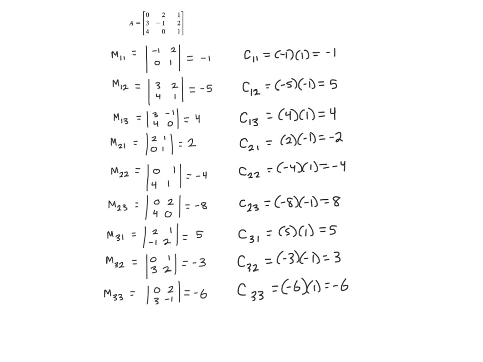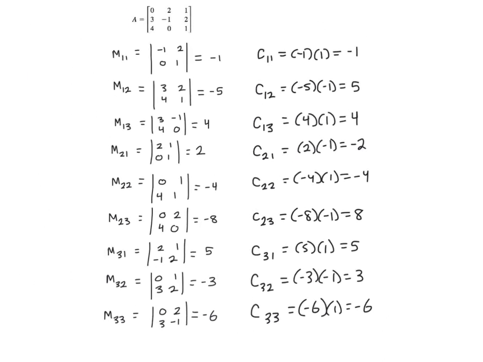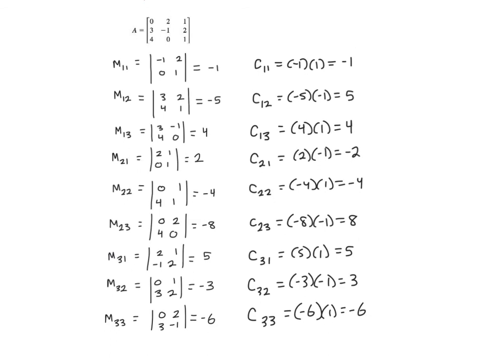So this is the process of finding the minors and the cofactors. Remember, we're going to be using cofactors in the next video when we're finding the determinant of a 3 by 3 or larger matrix. But for today, we're just going through the process of finding those minors and cofactors.